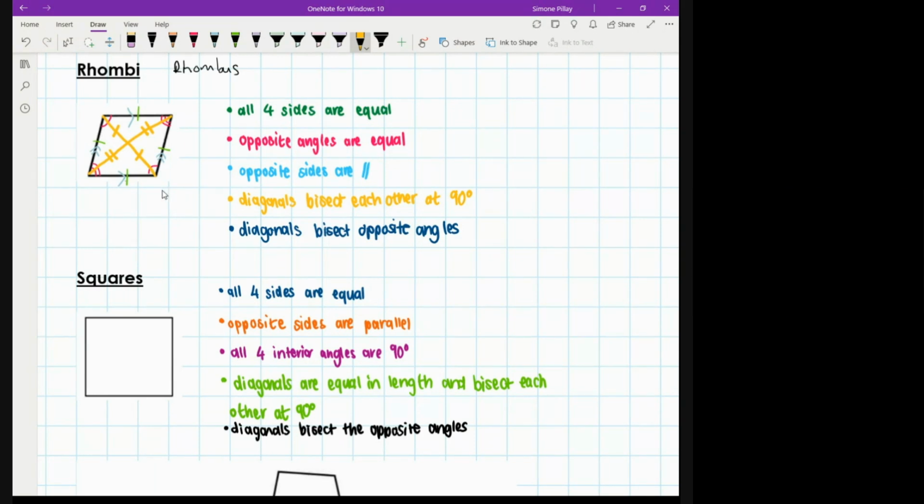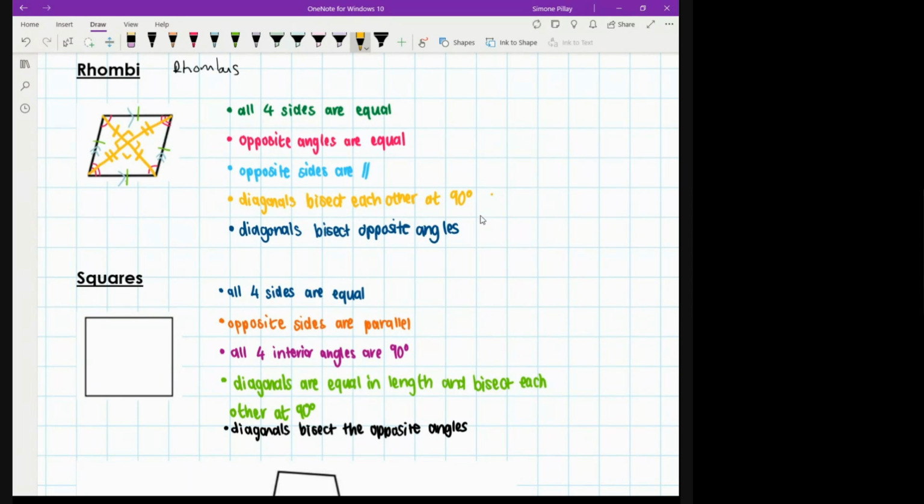Okay? But not only do they bisect each other, but they bisect each other at 90 degrees, meaning, again, it's the very same thing. If this is 90 degrees, then this will also be 90 degrees, and this will also be 90, and that will also be 90 degrees because of my angles on a straight line. Cool. So that's my yellow property.